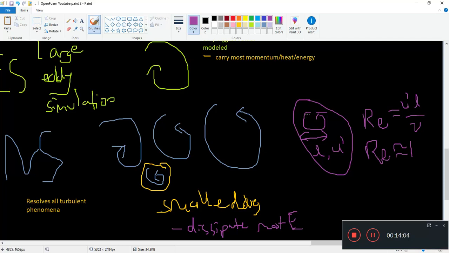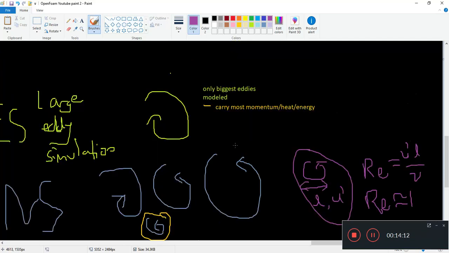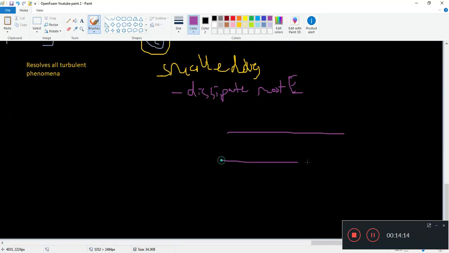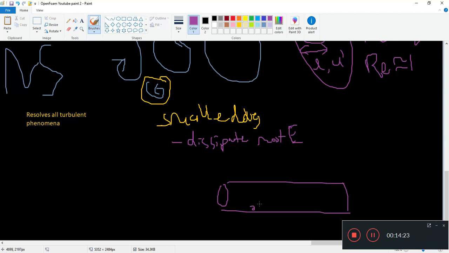So most of the dissipation happens here, but because they're small, they don't carry a lot of momentum, heat, or energy across, let's say, a pipe. Small eddies don't really travel far, and they dissipate lots of kinetic energy.